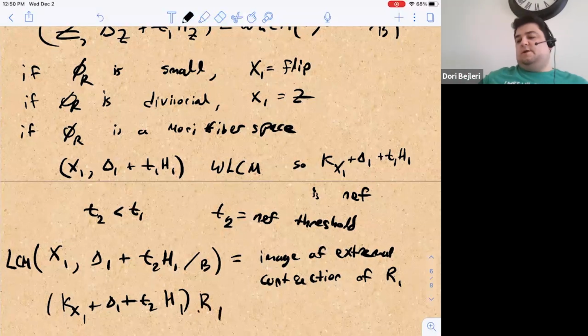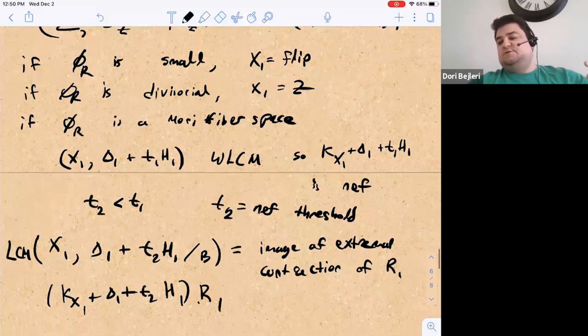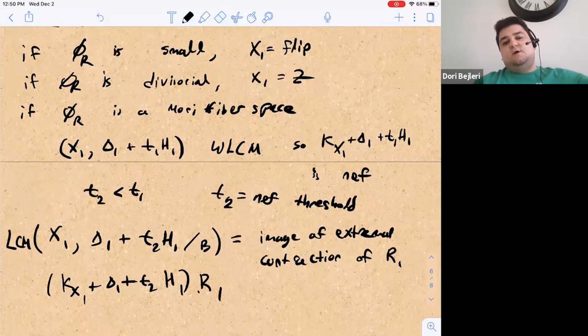Okay, so where R1 is some extremal ray that we've hit when we've reduced to our next nef threshold. The issue here is that H1 is no longer ample, because now H1 is just the strict transform of some ample on our new model. And so to actually carry this out, we need to slightly generalize to the case where H1 is not necessarily ample. All we know is that the sum is nef.